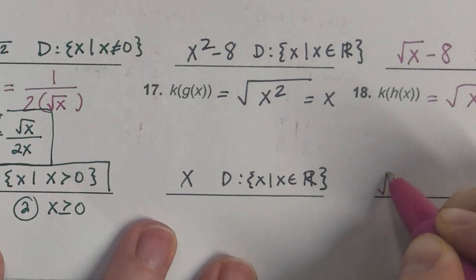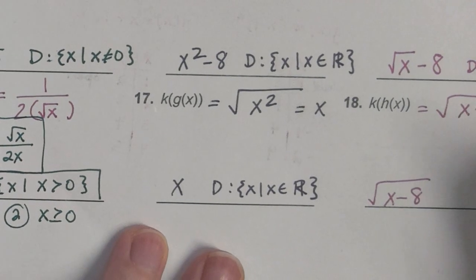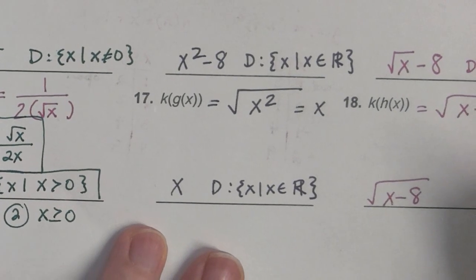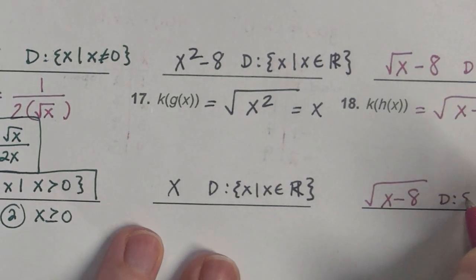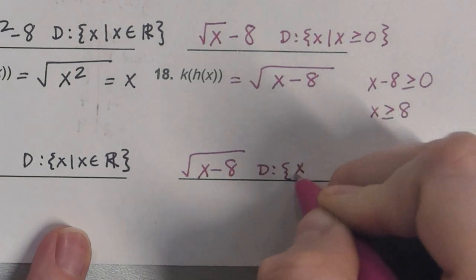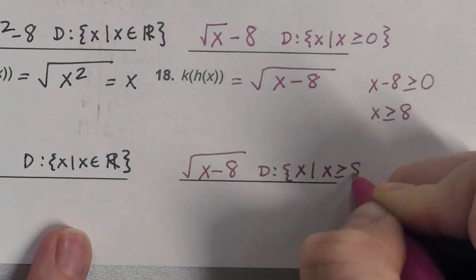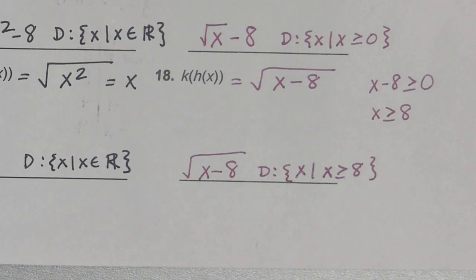It's all underneath there. And then to find the domain, we have x minus 8 is greater than or equal to 0, which is x is greater than or equal to 8. So then your domain should be x, such that x is greater than or equal to 8. Like that. Okay, how did we do?